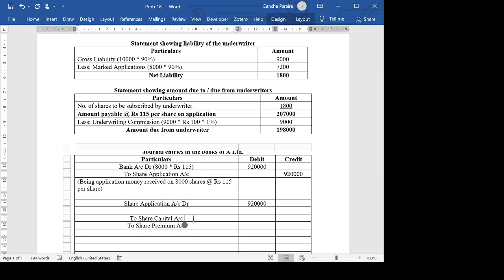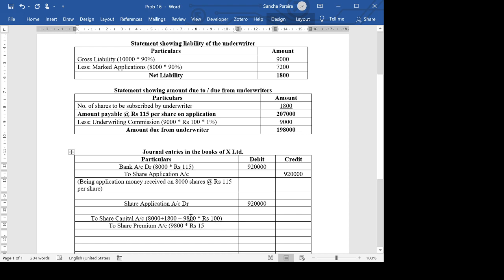So when I'm transferring, it's going to be on 8,000 plus what the underwriters have to take up, 1,800, which is equal to 9,800 into rupees 100. And for share premium, it's going to be again 9,800 into rupees 15.